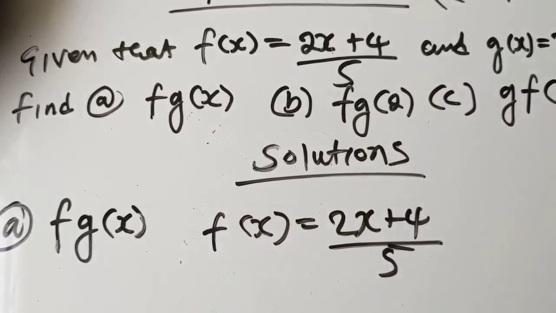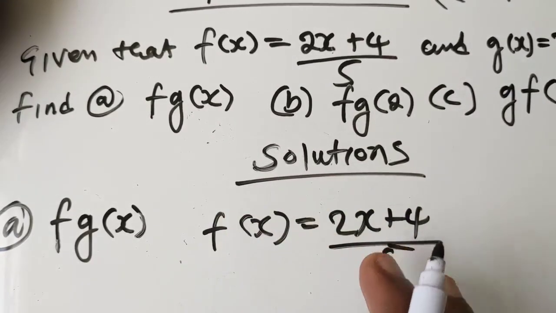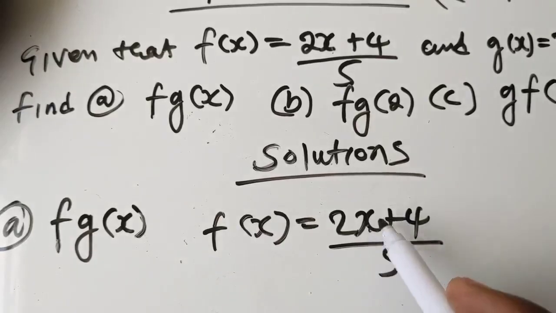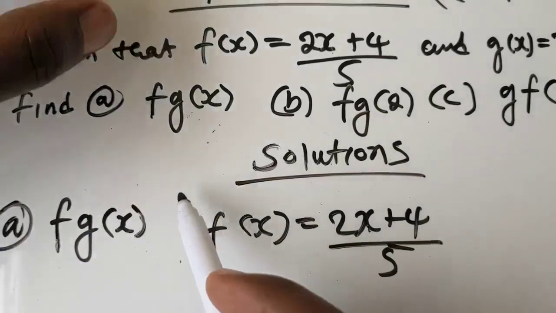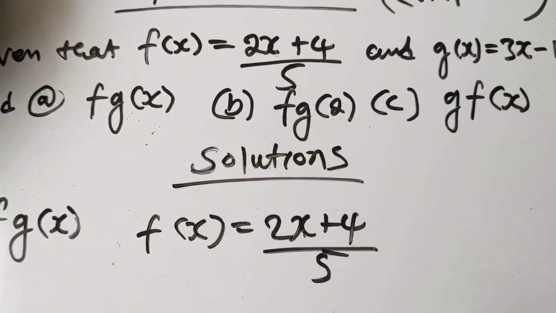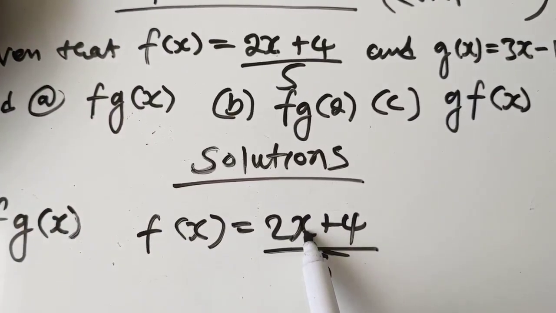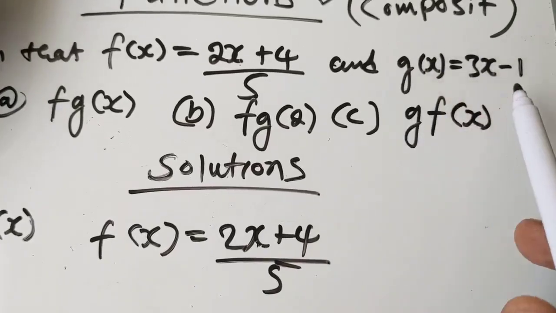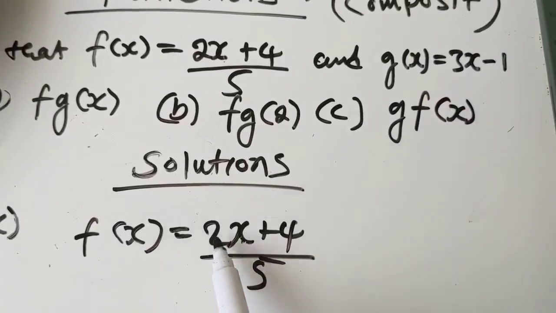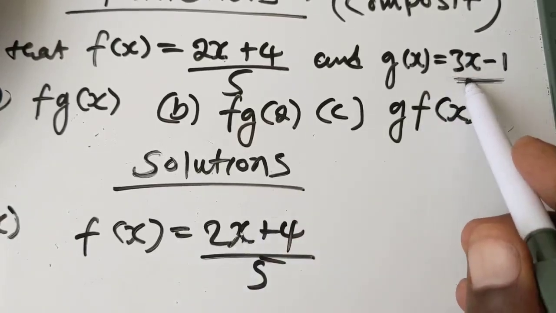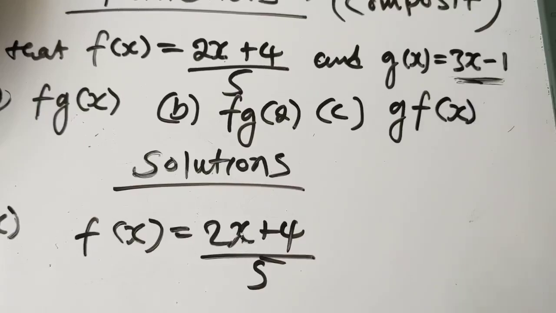They want you to get this function, and where there is x, you need to put the function of g of x. Here, x has to be replaced by the function of g of x. That is what they mean.